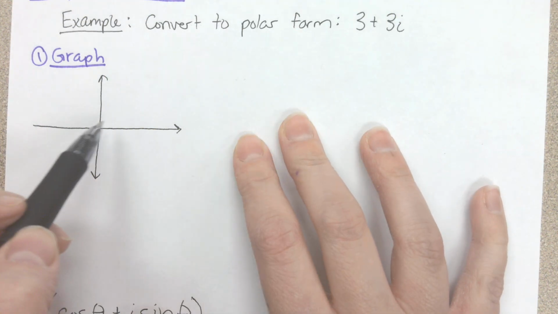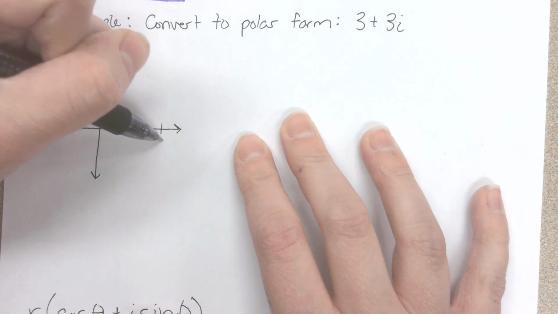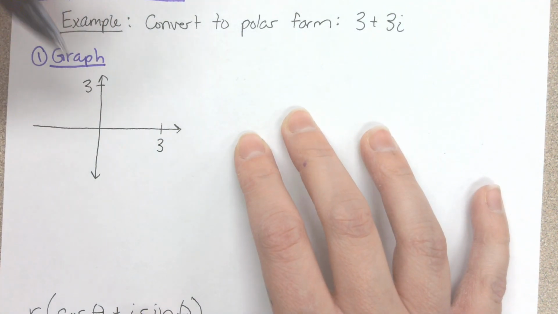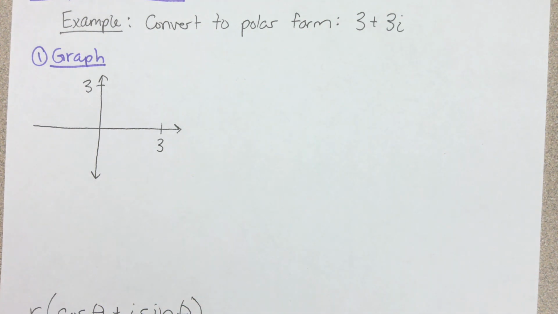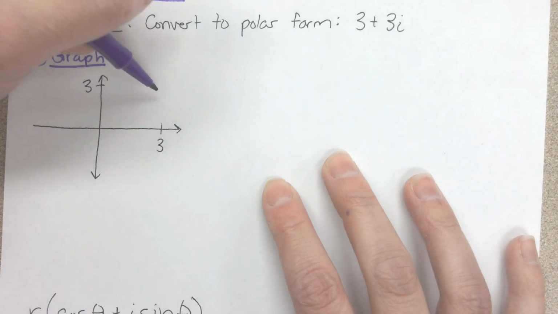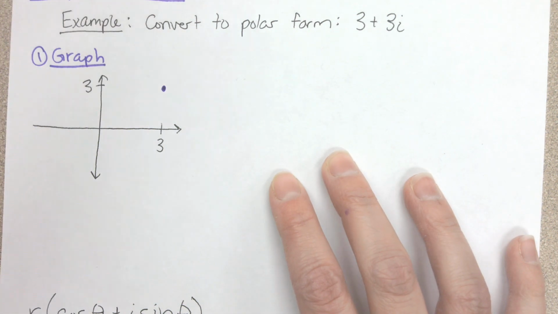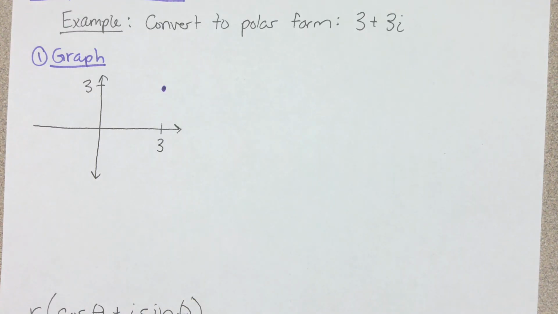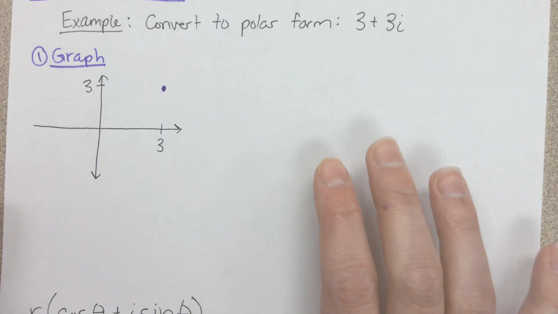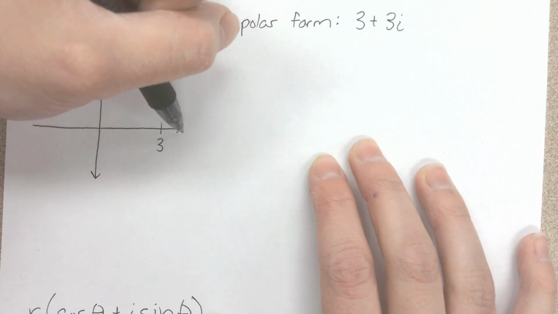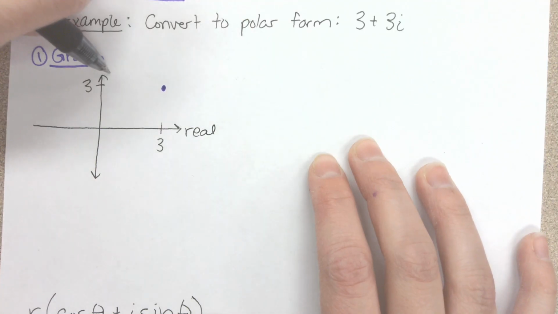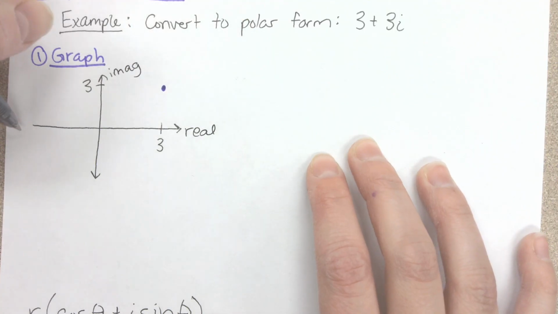So again, we're going to go right 3, up 3. So I'm just going to make notches for the 3's on the axes and just go with that. So there's our point. And remember, we're in the complex plane, so this is the real axis and the imaginary axis.